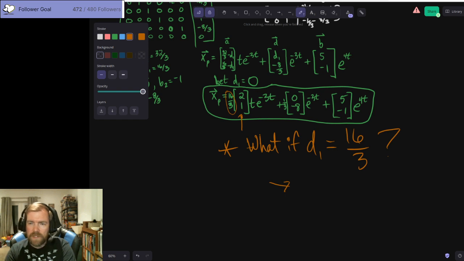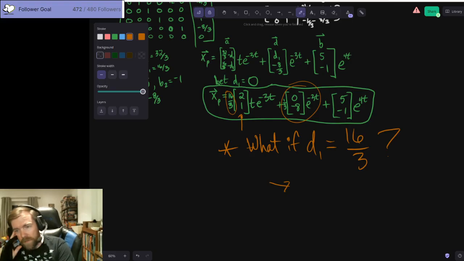And then the e to the negative 3t here, we shouldn't really have that in the first place. I know I said that it should be absorbed in the null space solution, but at the same time it's not going to be, because it doesn't have the same eigenvector in front of it.